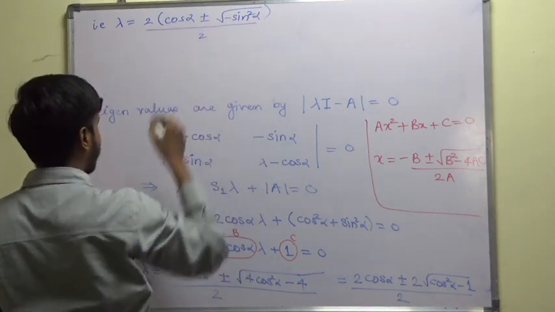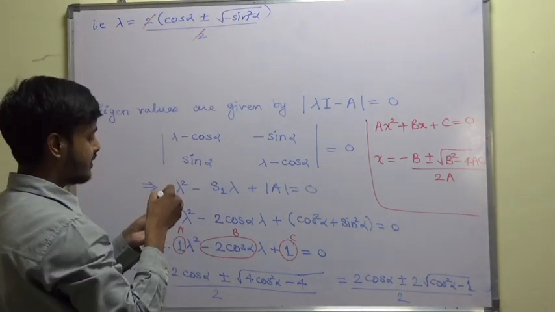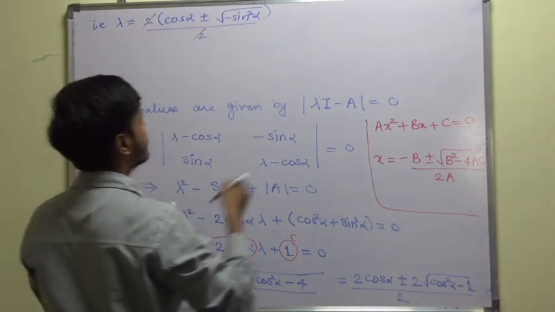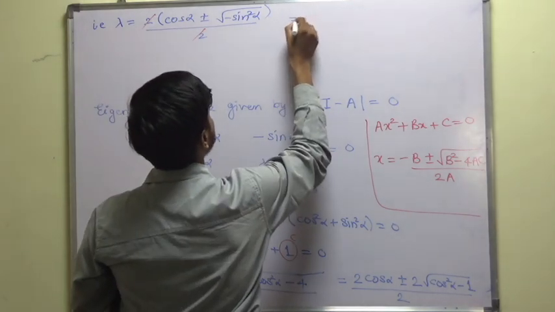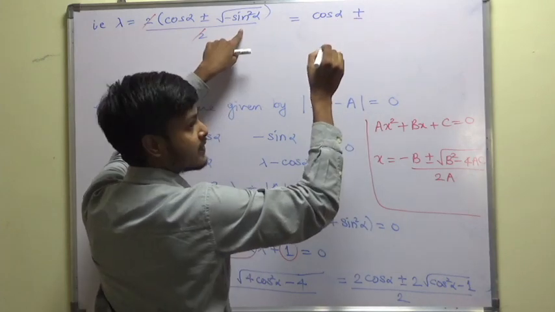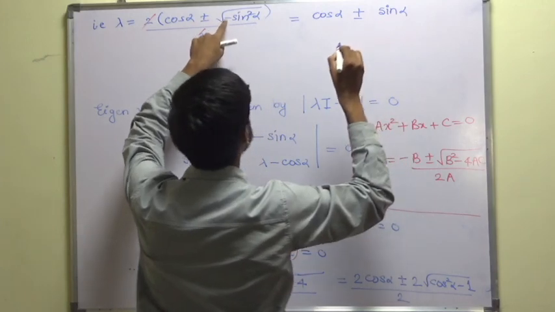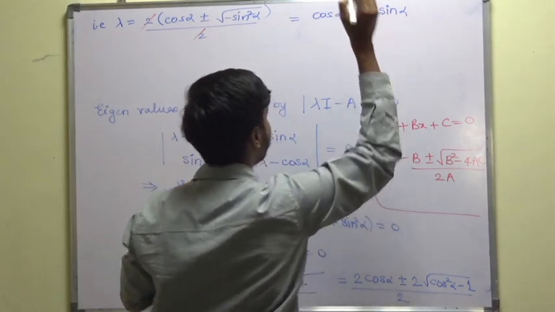So this 2 gets cancelled with this 2, and we remain with cos alpha plus minus, under root of sin square alpha, which is sin alpha. And under root of minus 1 is iota.